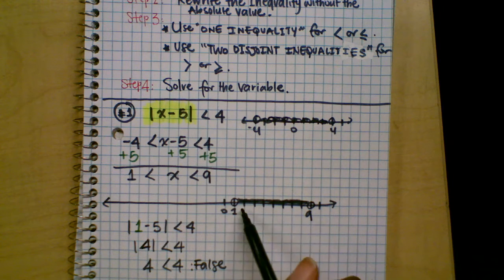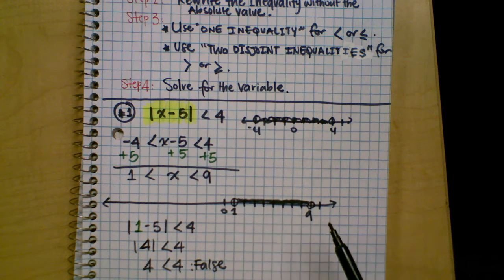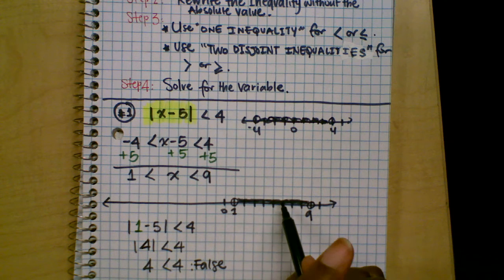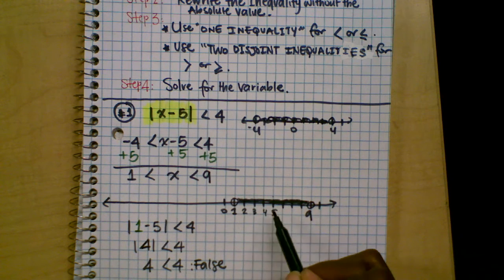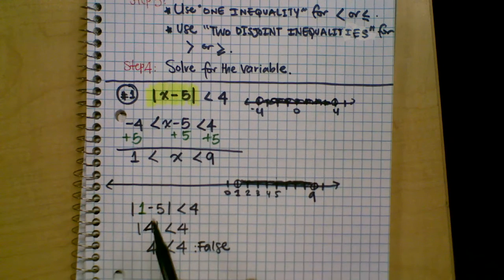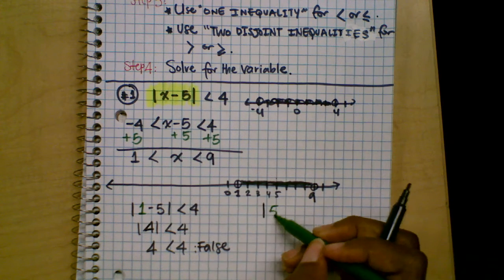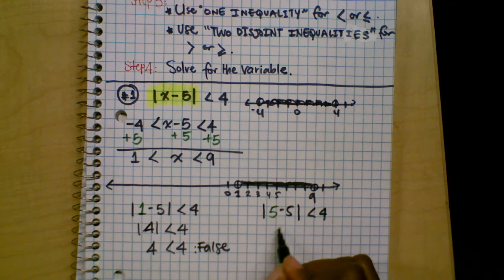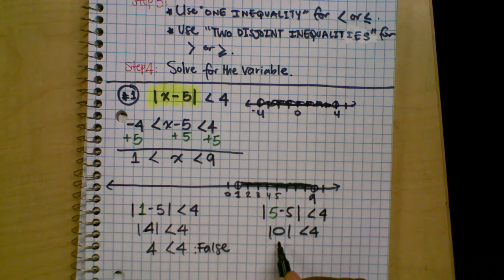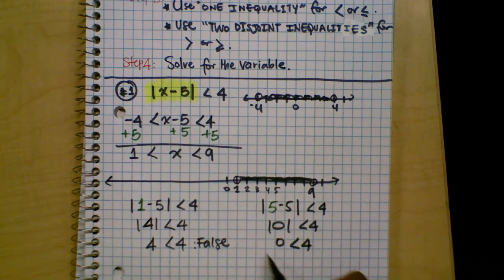But if you pick any other point here, any x value, let's say you choose 5. So this is 1, 2, so 0, 1, 2, 3, 4, 5. Is it going to make this inequality true? Let's see. |5 - 5| less than 4. This is 0. So the absolute value of 0 is 0. Is 0 less than 4? Is this inequality true?